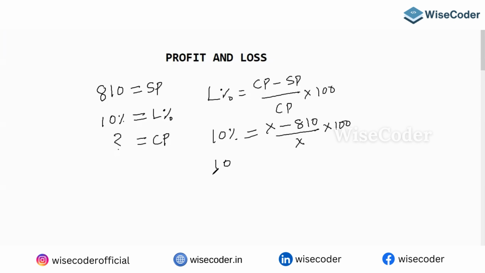So 10 by 100 equals X minus 810 by X. If you rearrange the equation, you will get X equals 900.